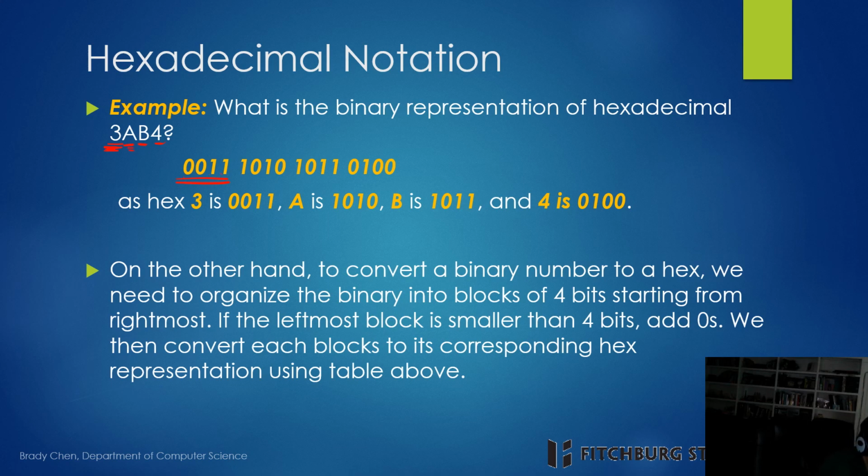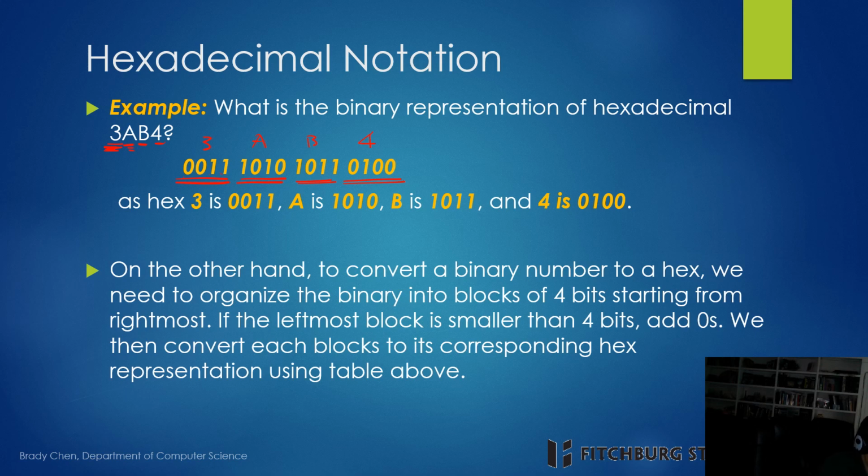Now A is actually 10, right? It's 1010. And B is 1011. And 4 is 0100. So this is 3AB4.